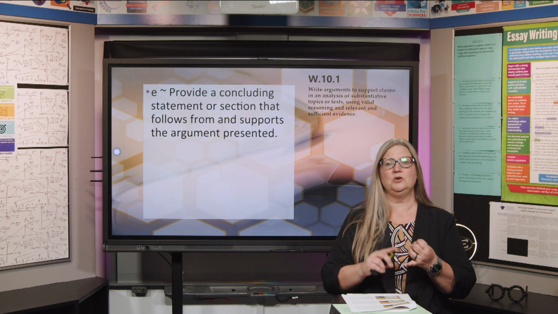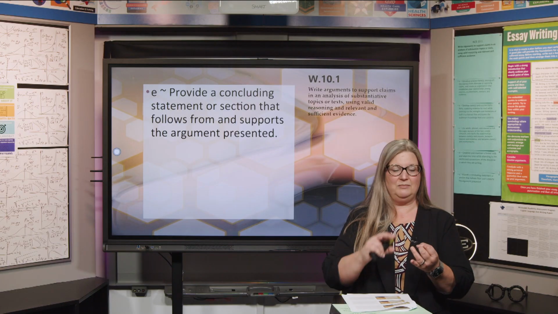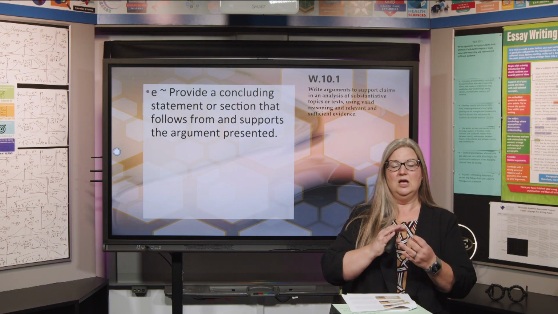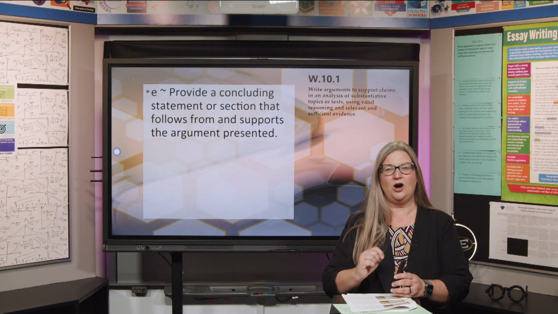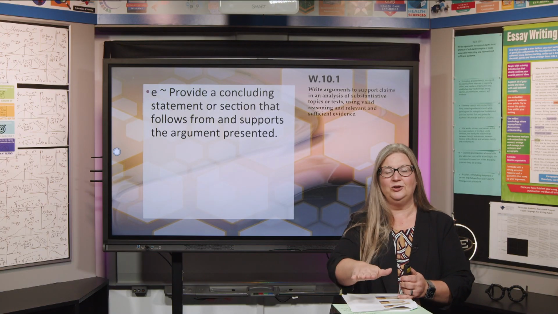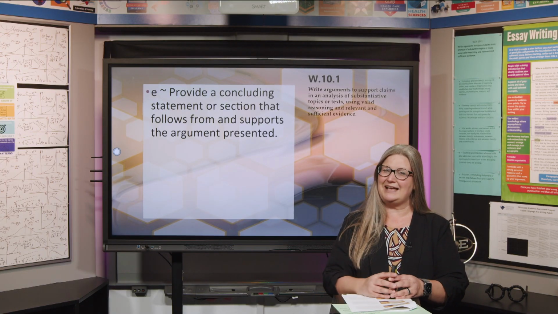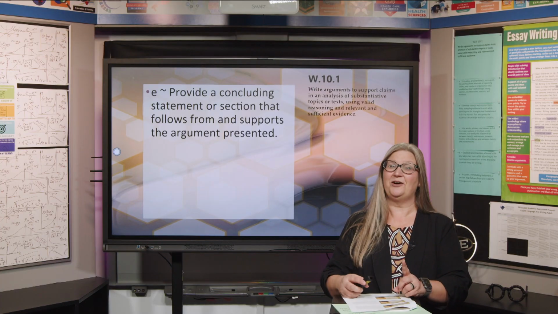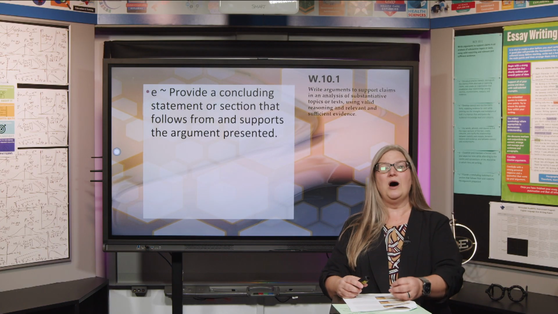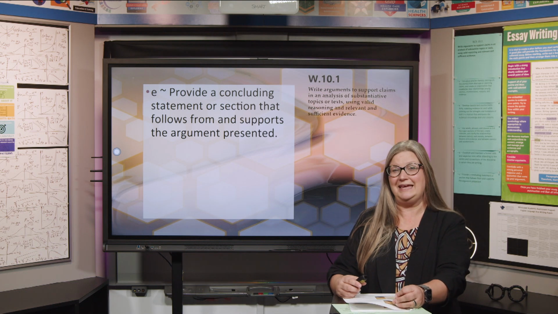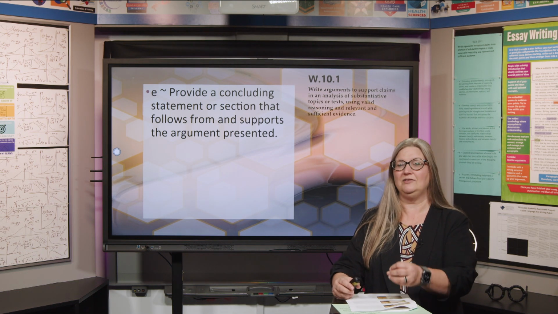In that conclusion, you are acknowledging that counterclaim and giving more oomph to your argument as a whole. That's that last final word, because you know as well as I do, when you are in an argument with someone, you want the final word. What will that final word be, and how will you leave your reader?